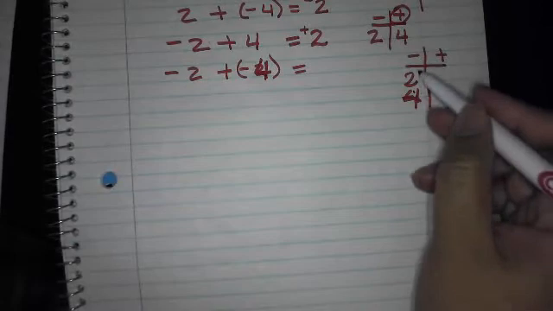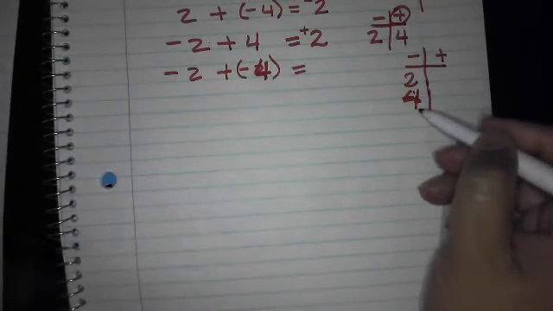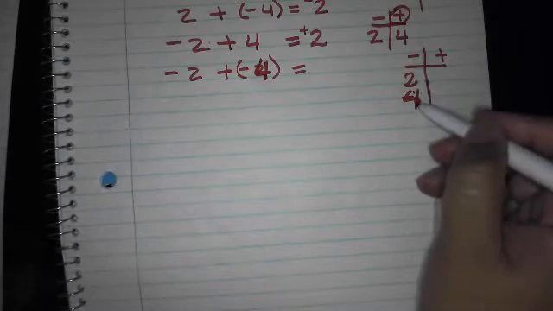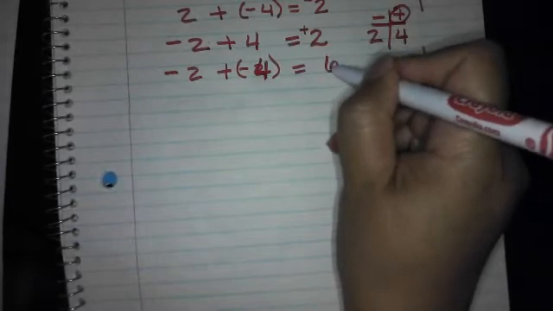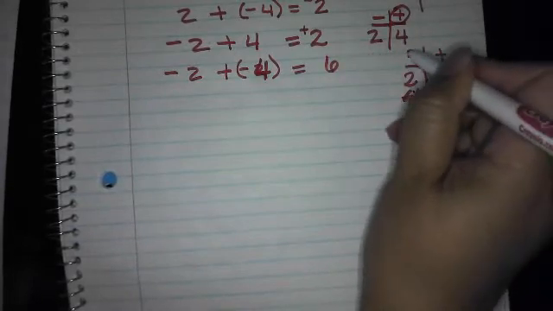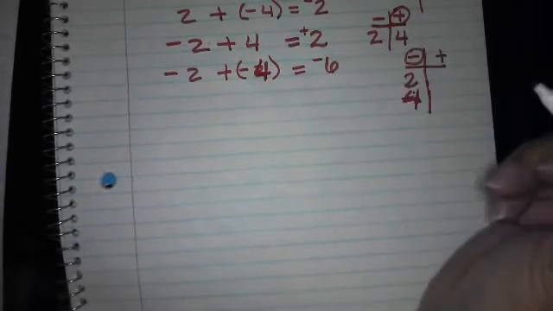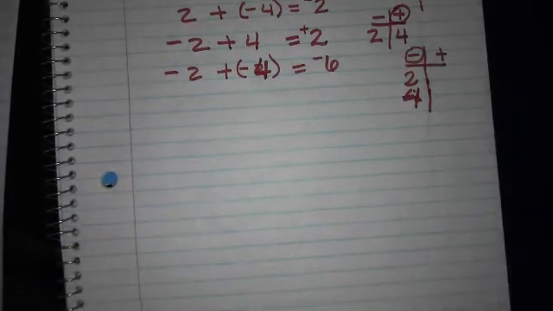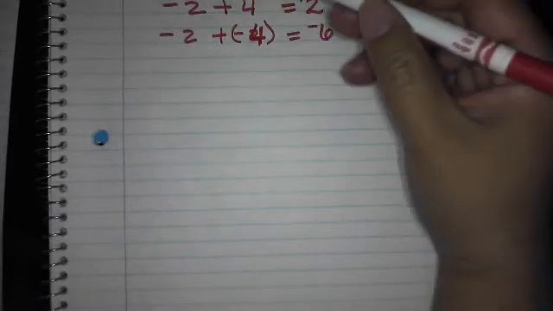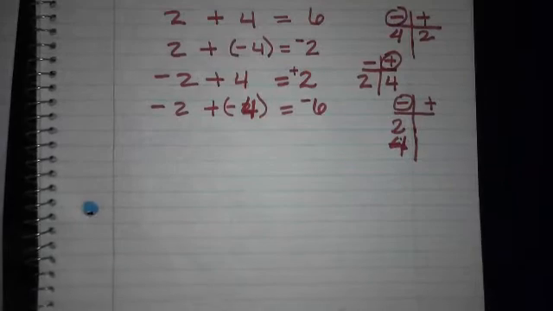When I have numbers that are on the same side of my T-chart, I'm going to add. So 2 plus 4 gets me 6. Since both of these numbers are on the negative side of my T-chart, my answer is going to be negative 6. And that is if you are adding integers.